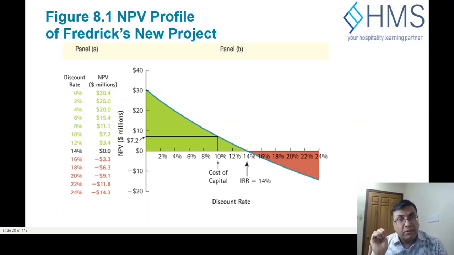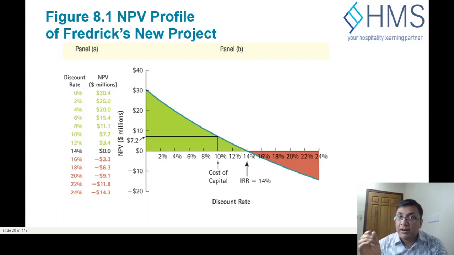Now, the very important reference point here is the IRR, at which the net present value becomes zero. This is a very simple explanation of how an IRR is calculated. And then the IRR will help us understand the sensitivity of the project. If the IRR and the cost of capital are very close, this project is pretty risky.